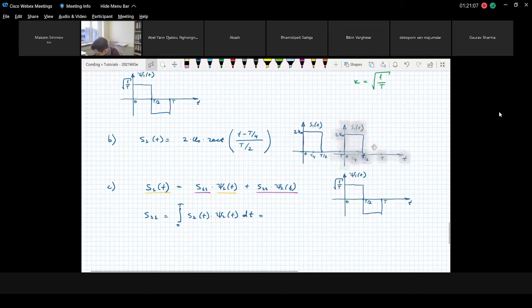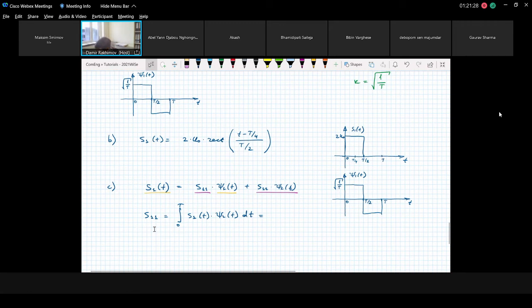I will align them, and you see that our first signal overlaps our first basis function only in the range from 0 to capital T over 2. From T over 2 up to T, the overlap will be equal to 0.